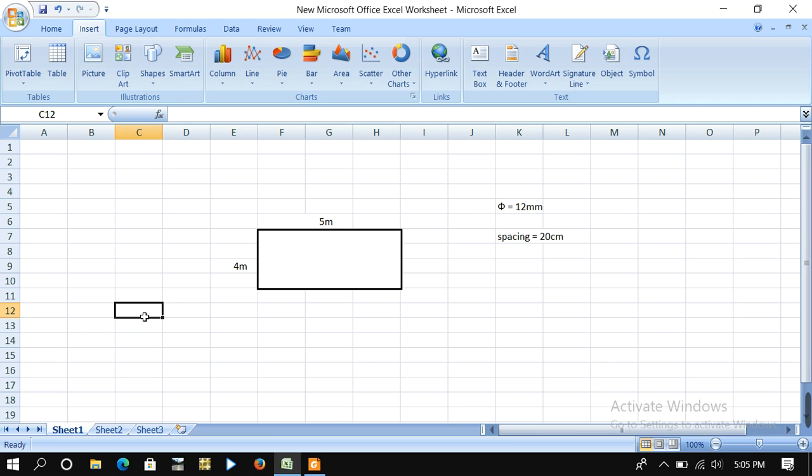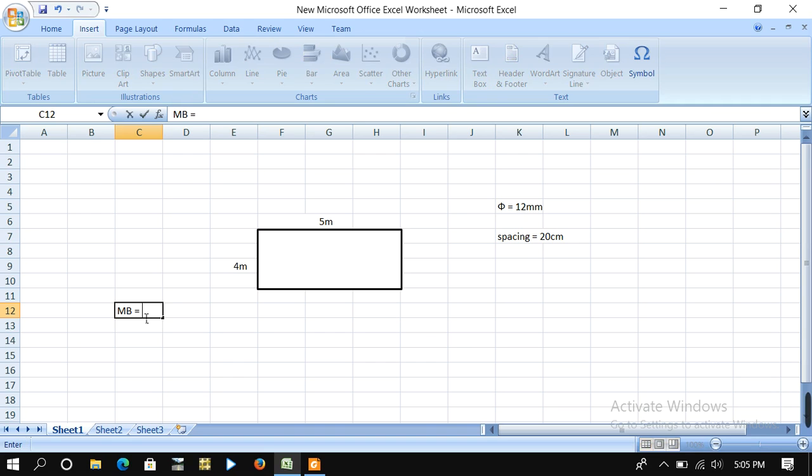The formula I'm going to use for calculating the main bar is the longer dimension divided by the spacing. The dimension of the longer direction, the longer length, is 5 meter.